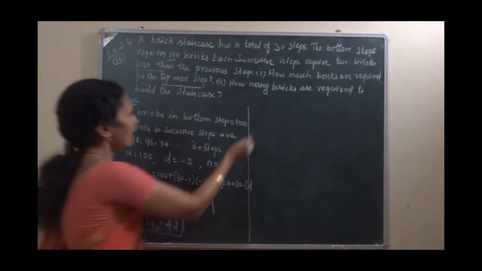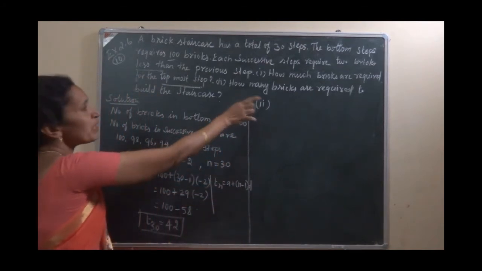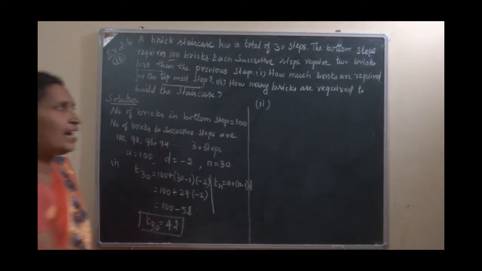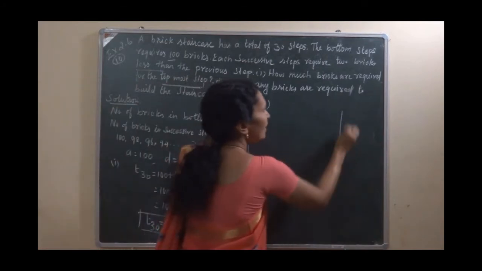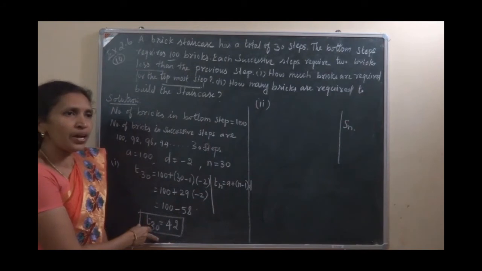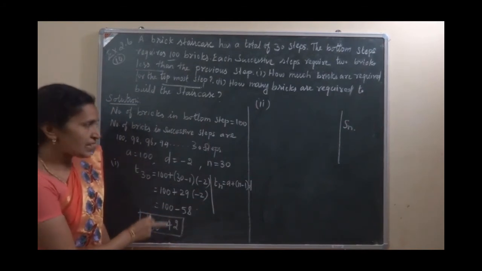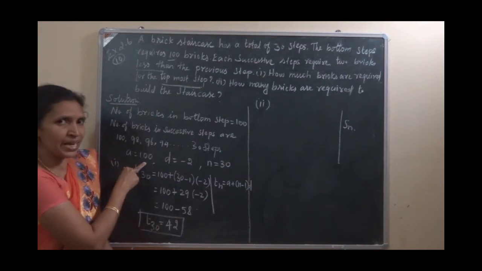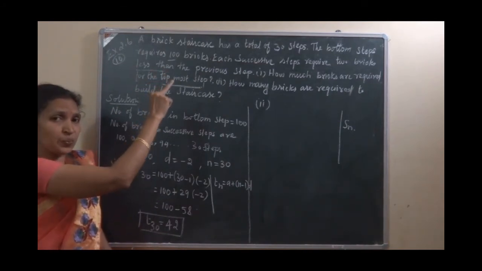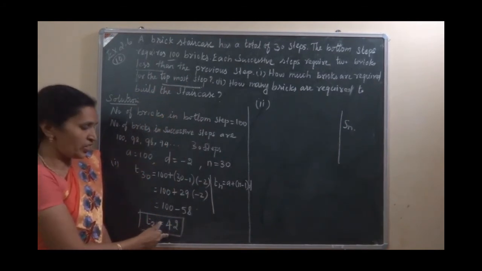Understand? Second question, what they asked? How many bricks are required to build the staircase? Already I said you have to find Sn. Listen, students. Which formula can you apply here? First step, the bottom step, is 100 bricks. Last step, the 30th step, I found here is 42.